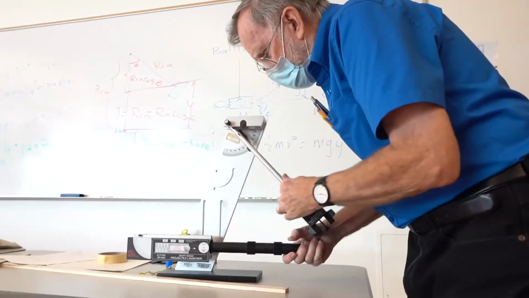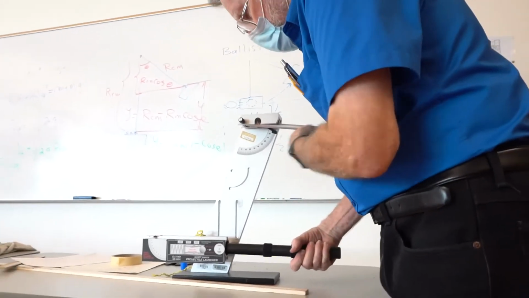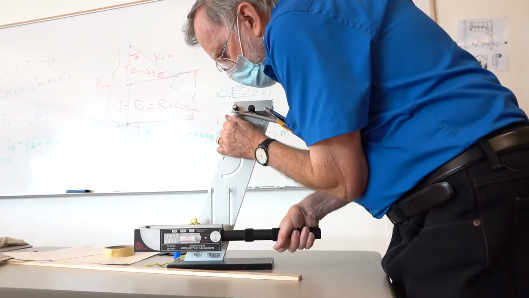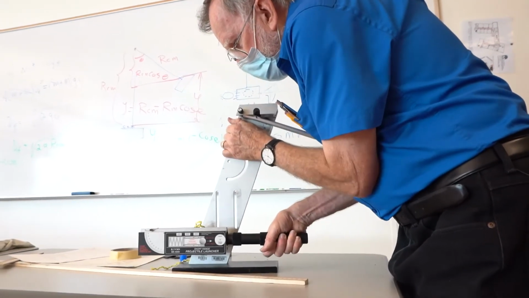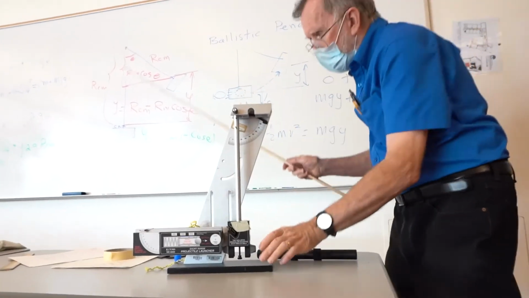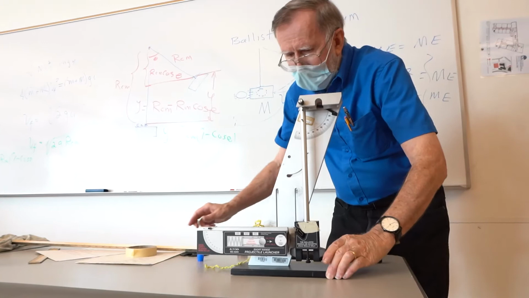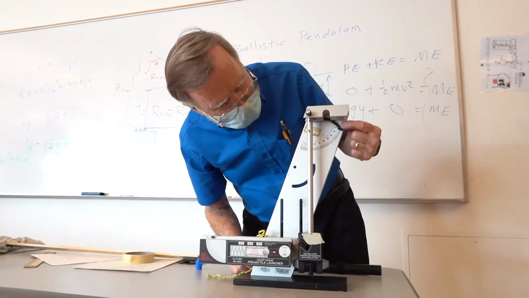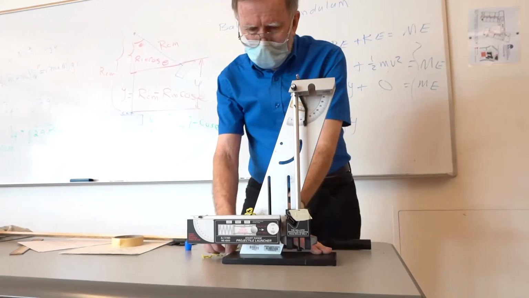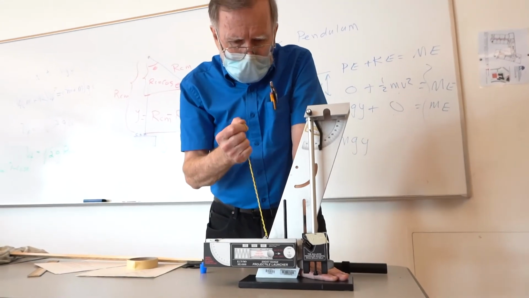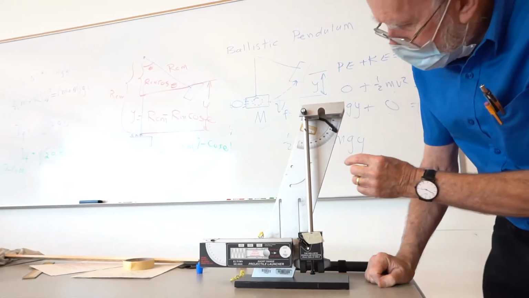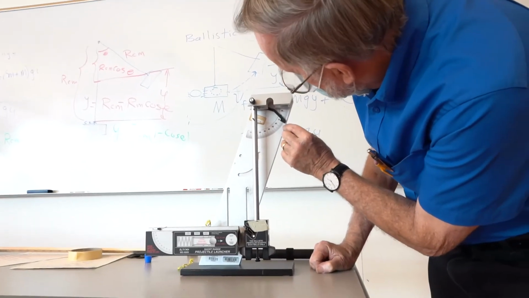There are 3 stops that are possible with this device. We want the strongest one, the third one. 1, 2, 3. Okay, so I'm going to slide the angle measuring device all the way down, pull the trigger, and it looks like it went up to about 68 degrees.